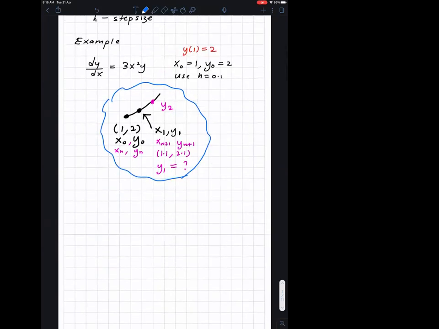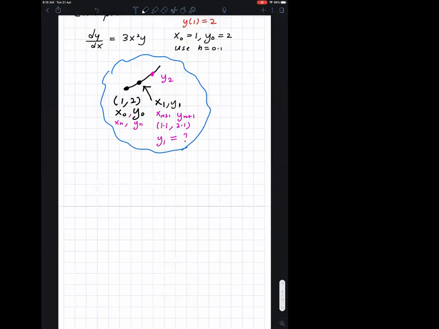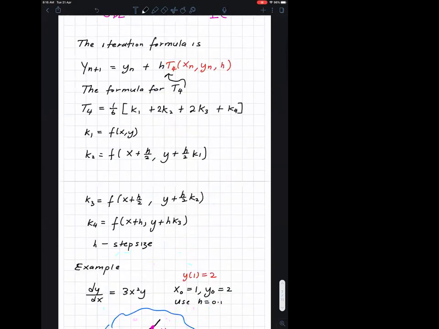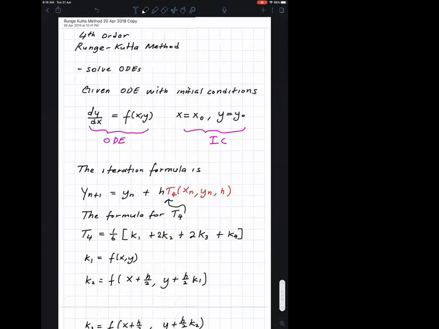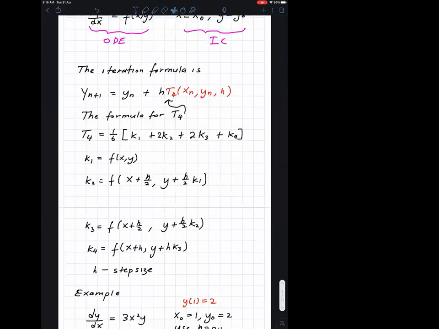Okay, using that formula for y1, let's bring this formula over here.